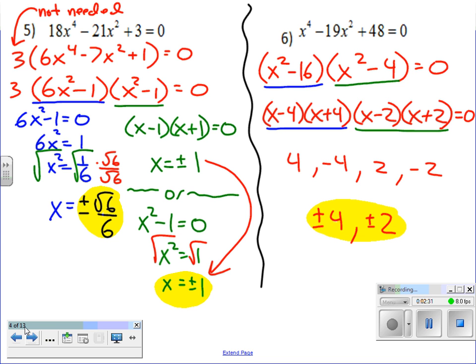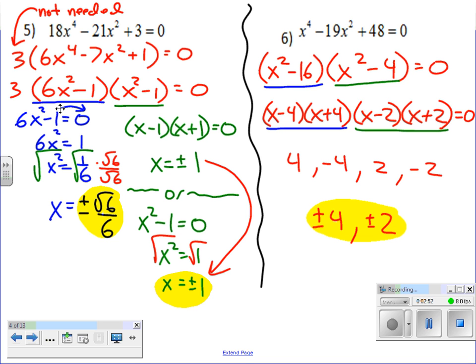Okay? And what we have here is 6x squared minus 1 equals 0. Move the 1 to the other side, and you simply just take the square root. And when you do that, you have plus or minus. You cannot have a radical on the bottom, so that's why you have radical 6 over 6. We'll see how to do this synthetically towards the end. Okay? So pulling out those things there.